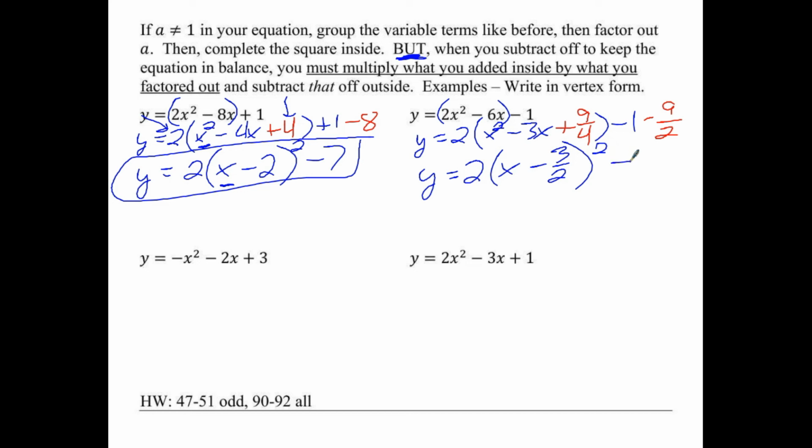Improper fraction. 11/2. 1 becomes 2/2. Negative 2 minus 9 is 11, so we have negative 11/2. Now we're done. Okay, so that one was a little bit tougher because of the fraction. Let's take a look at the third one.